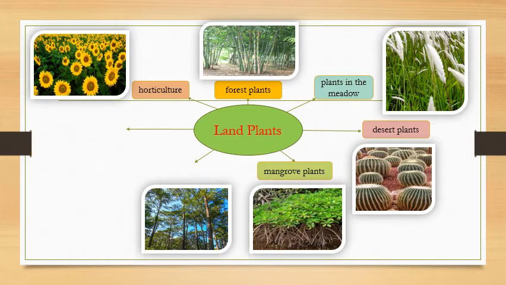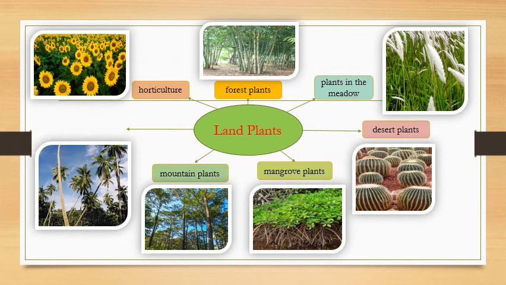We have also trees that grow in the mountain, called mountain plants. We have also coconut plants that grow along the beach. So these are the places where the plants grow.